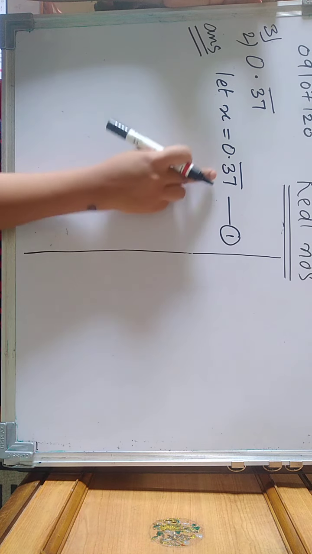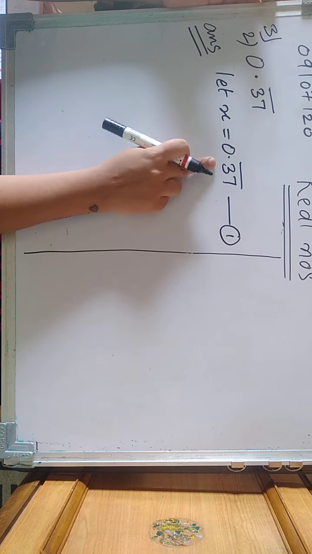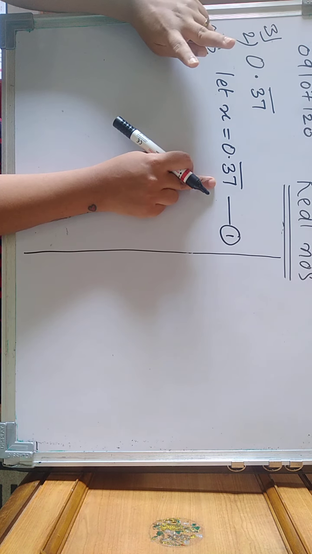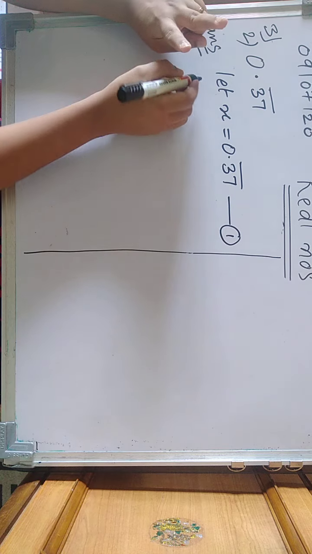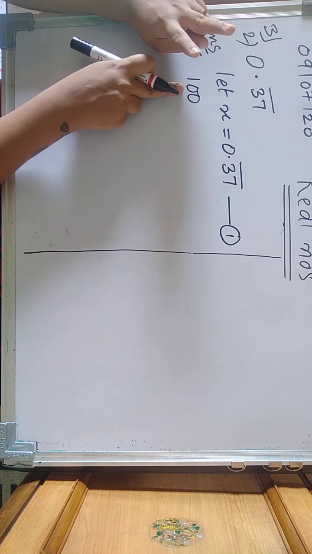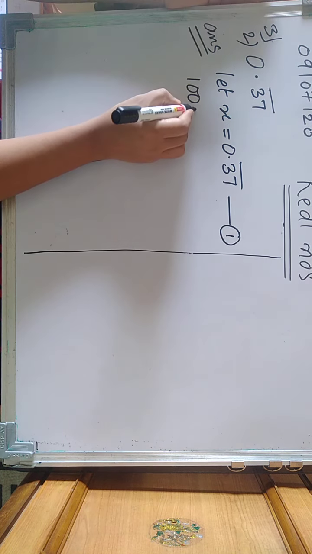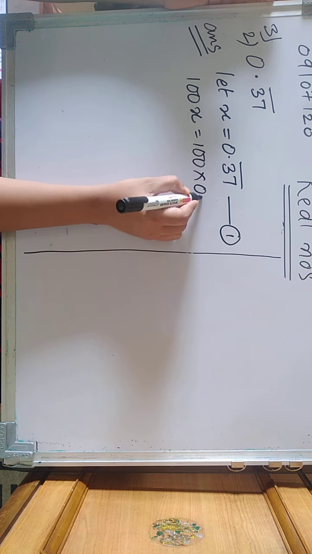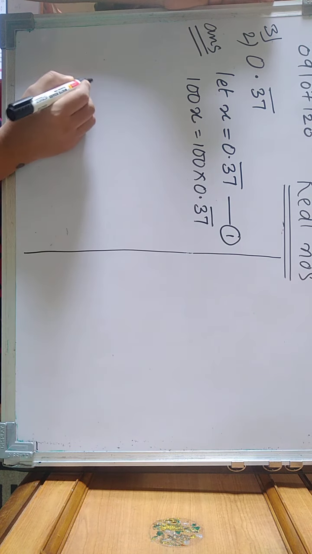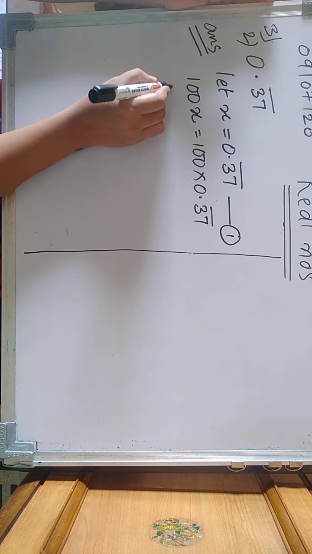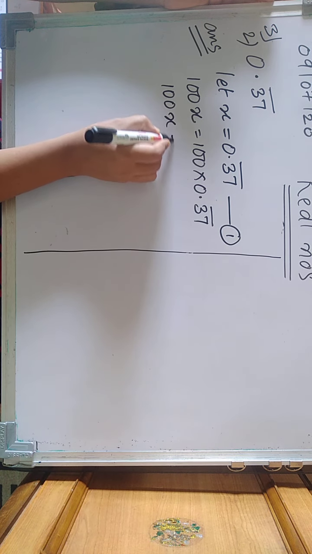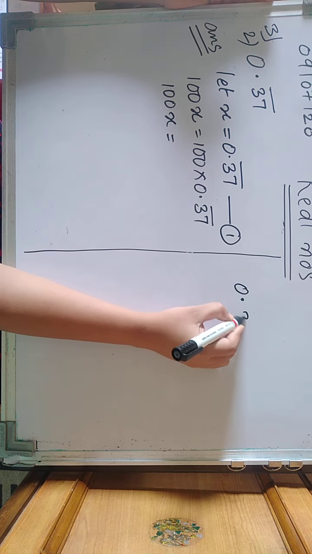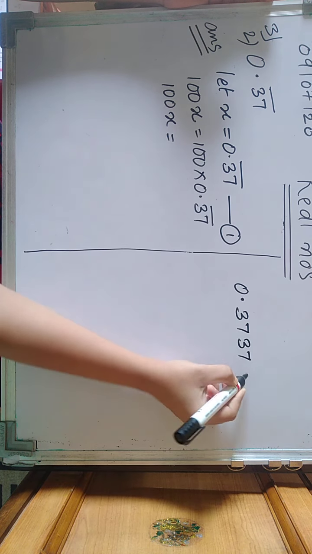Step number 2 is you have to see how many numbers are repeated. Here 37, 37, 37 is repeated. That means two digits are repeated. So if it is 2 digits, that means you should multiply with 100 because 100 is having 2 zeros. So 100 multiplied with x and 100 multiplied with 0.37 recurring. So 100x, and this 100 multiplied with 0.37. See, 0.37 recurring looks like this.